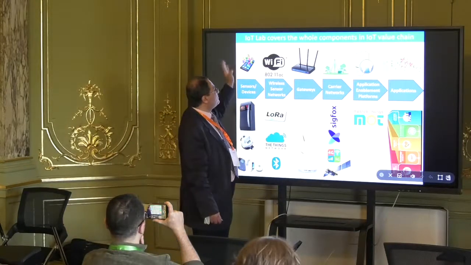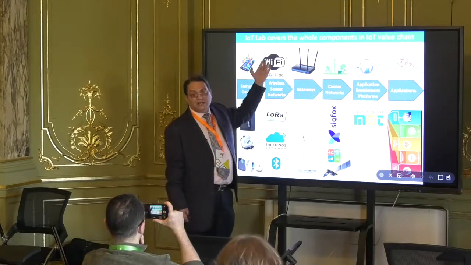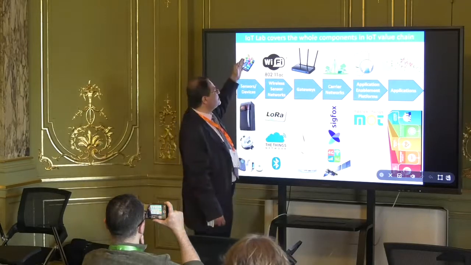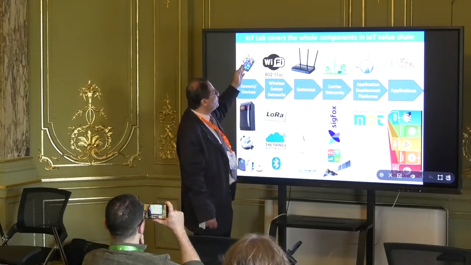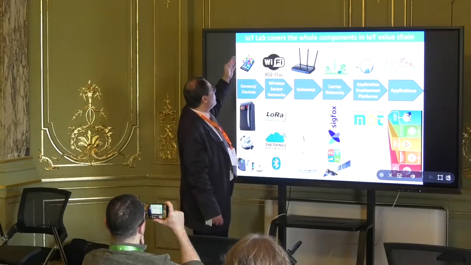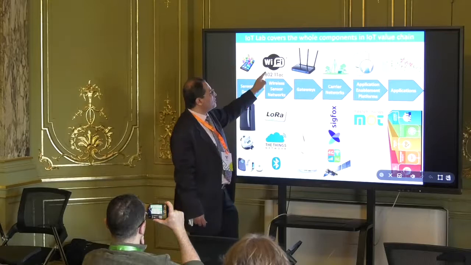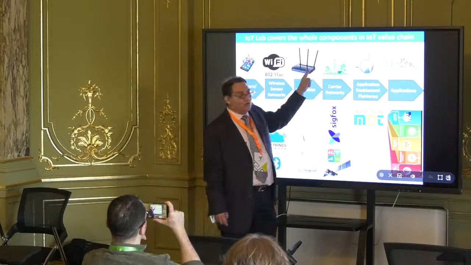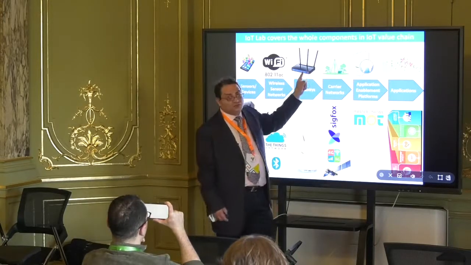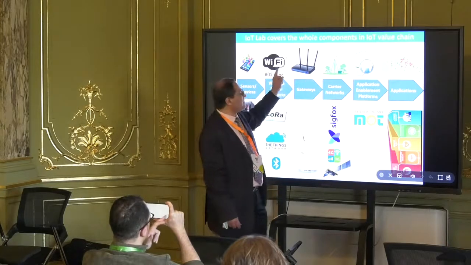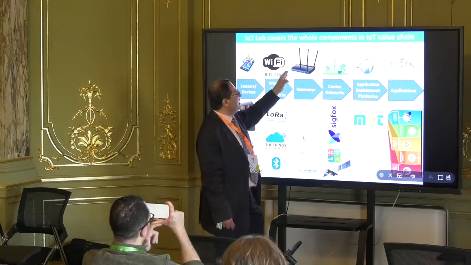Now I'm comparing the mobile applications to the IoT devices. If you're sending a WhatsApp message from your mobile phone, it goes out from your mobile through the Wi-Fi network, and it reaches your Wi-Fi gateway at home, or Wi-Fi router or ADSL router. These are all the same names for the same thing.